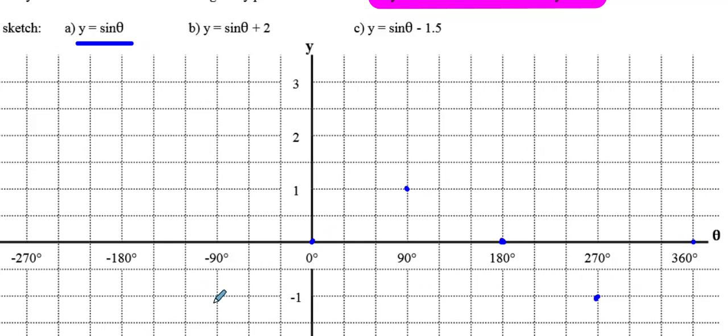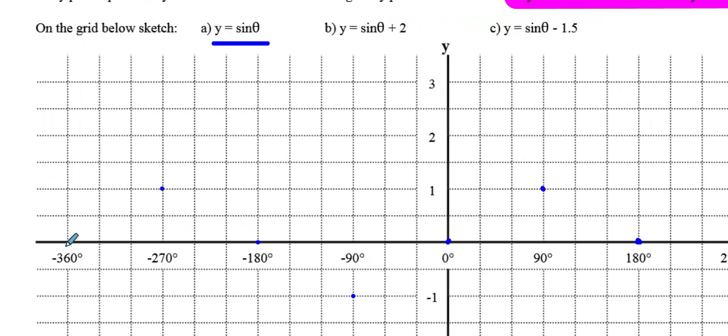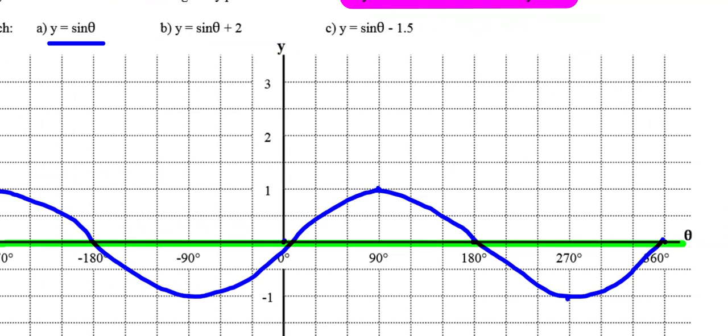Now you can mimic that over here as well. If this is going up, then the wave goes down at this point. So you've got a low at negative 90, the axis of the curve at negative 180, a high point at negative 270, and back to 0 at negative 360.